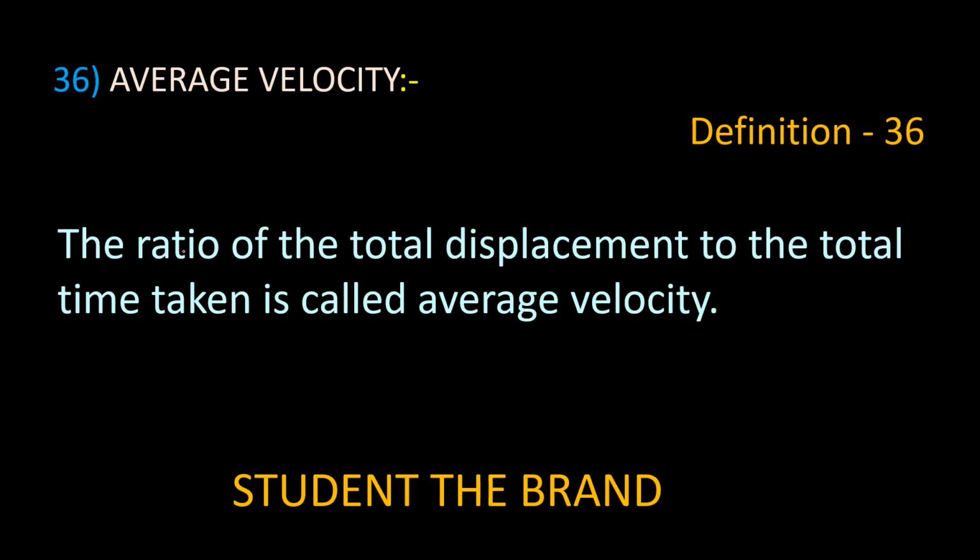Average velocity. The ratio of total displacement to the total time taken is called average velocity. So for average velocity, I am taking total displacement by total time taken.